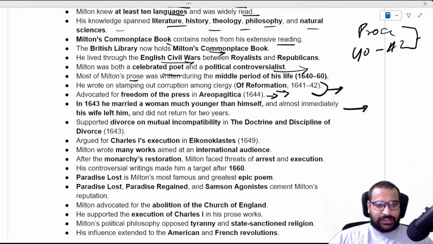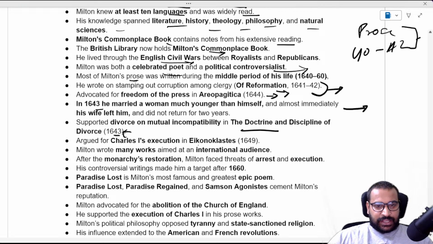You know he got married in 43, to a much younger woman. And then she left him, and he was heartbroken, and that can be seen in his work, The Doctrine and Discipline of Divorce. Remember the date, 43, the same time when he got married and the girl left him, right?